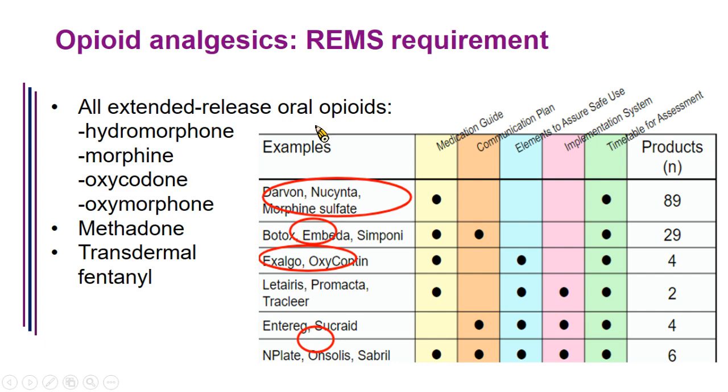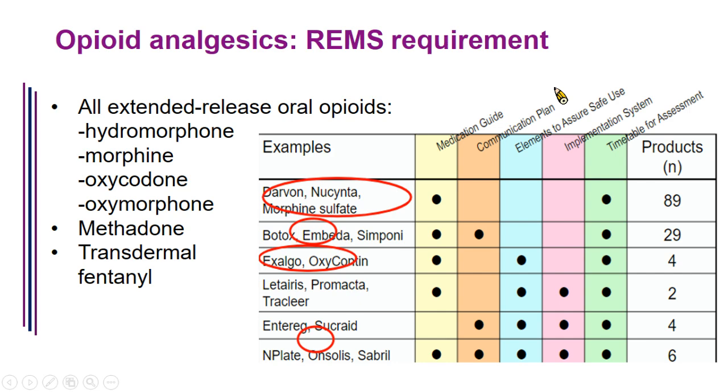So hydromorphone, oxycodone, and oxymorphone, and also others like methadone and the transdermal fentanyls, those easy to be accessed and abused, have their own REMS program. And what does the REMS program do for these opioids? Well, this is not a very beautiful picture, I'm sorry, but we can still see a few categories here.